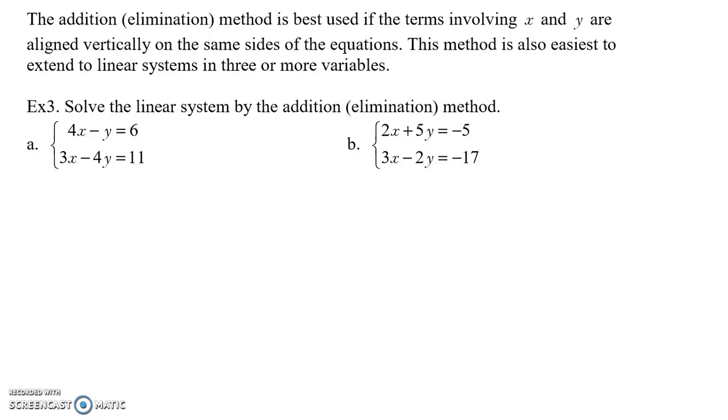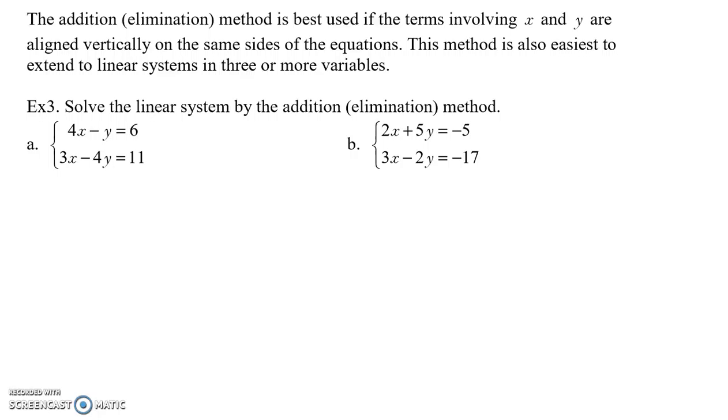So in particular, if x and y are aligned on the same side of the equal signs within the system, then the method can be used almost immediately, and a lot of times will yield a result more efficiently than the substitution method.